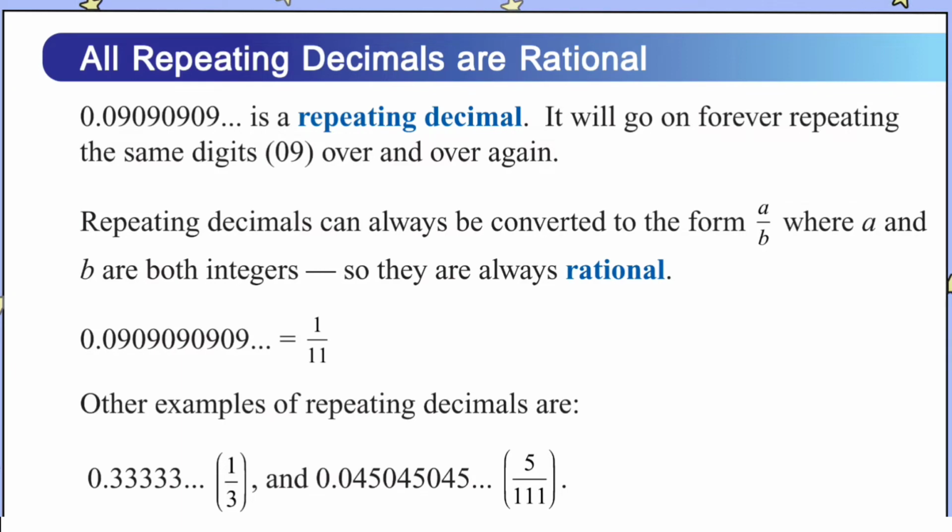That 09 repeats over and over. That's a ratio of 1 to 11, 1 over 11. Here's another example, 0.333, which we saw earlier. It's a third. And 0.045045045, it goes on, 045 repeating, is a ratio of 5 to 111.